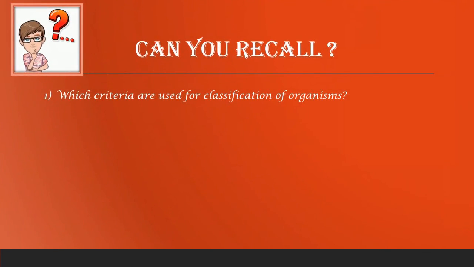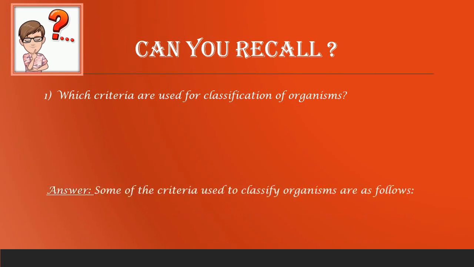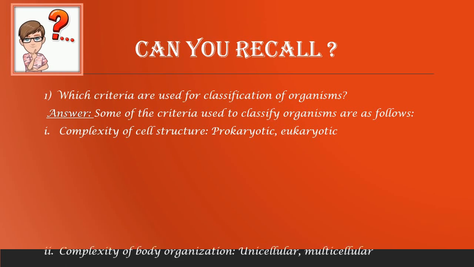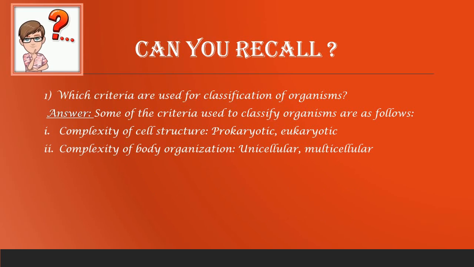Students, can you recall which criteria are used for classification of organisms? Yes, some of the criteria used to classify organisms are as follows. Complexity of cell structure, that means whether the cell is prokaryotic or eukaryotic. Then complexity of body organization, whether unicellular or multicellular.